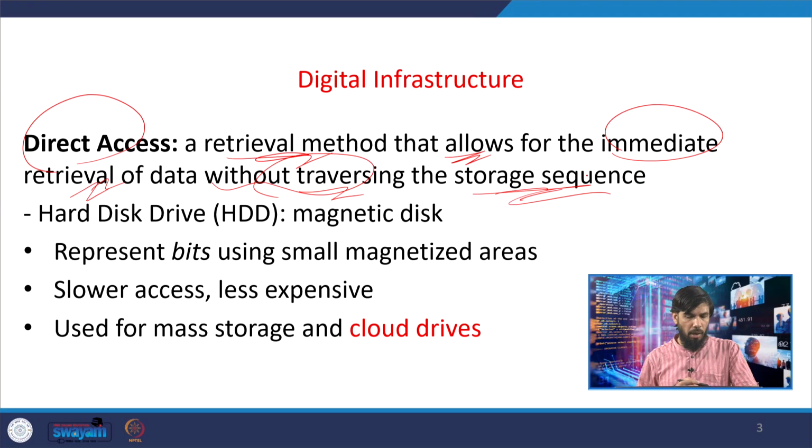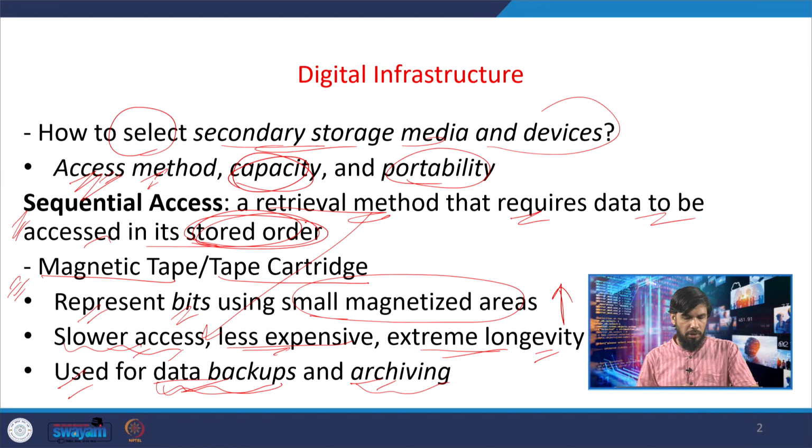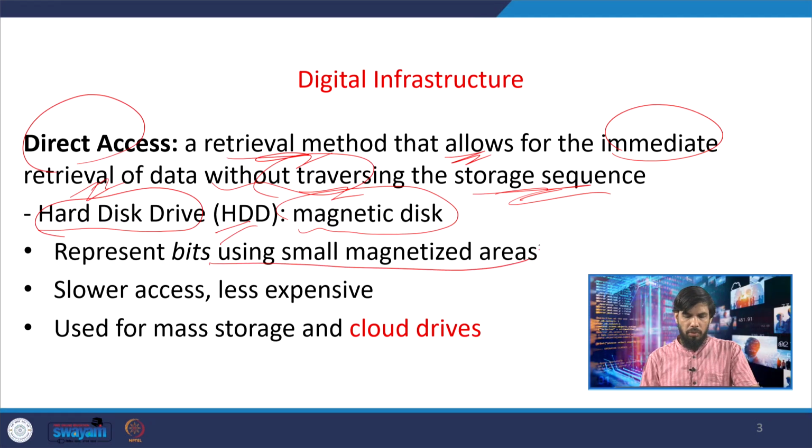What is an example of storage media in this case? Hard disk drive, HDD, which is essentially the magnetic disk. The technology is pretty much the same as the magnetic tape and tape cartridge: bits are represented using a small magnetized area.